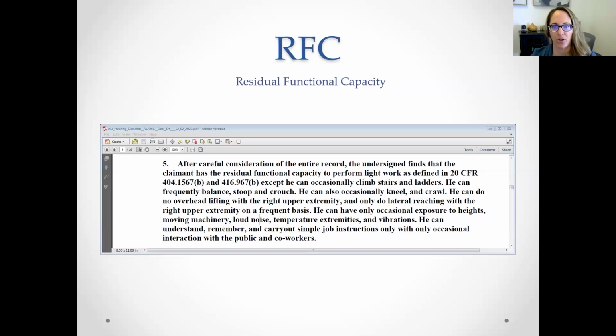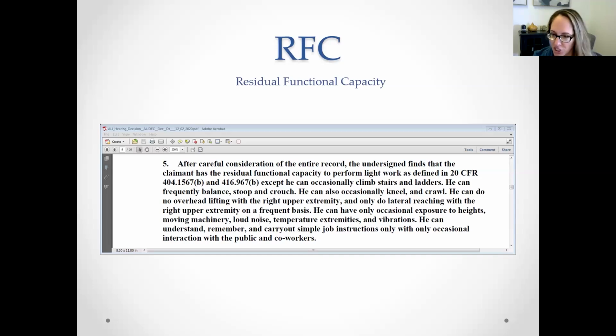And this is an example of a residual functional capacity, or RFC, that a judge wrote in a decision that I had. I just copied this from a decision. So this was what a judge wrote. After careful consideration of the record, I find that this person has a residual functional capacity to do light work. Light work means lifting 20 pounds occasionally and 10 pounds frequently.